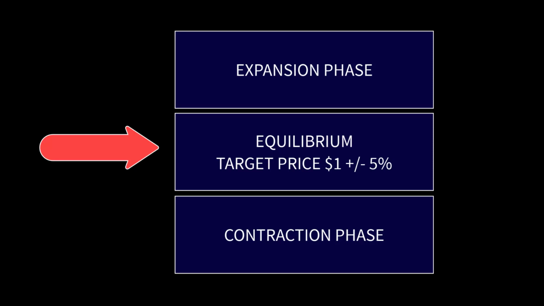By the same token, if they're contracting, they continue contracting until the price returns to the equilibrium state. So they may start out thinking we've got to increase the supply by 10%, but if the price is not responding, they may continue increasing the supply beyond the 10% until it does respond. That is the way the algorithm for rebasing is set up.